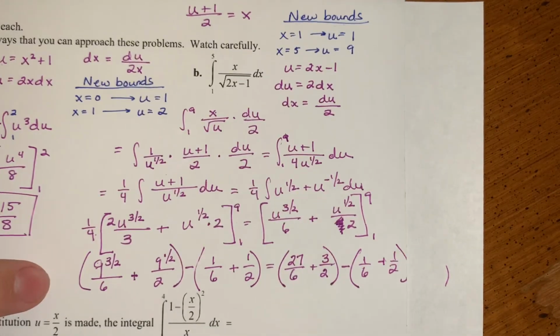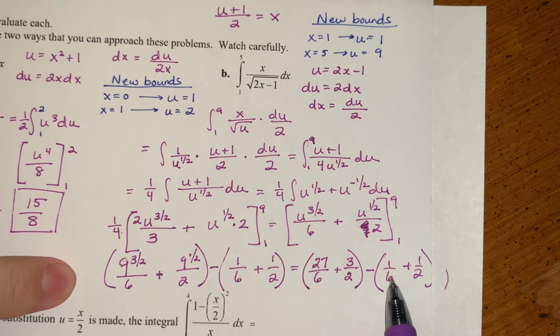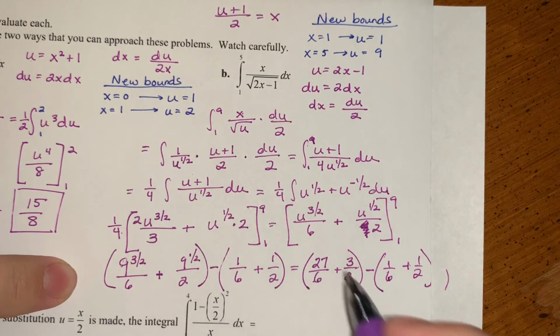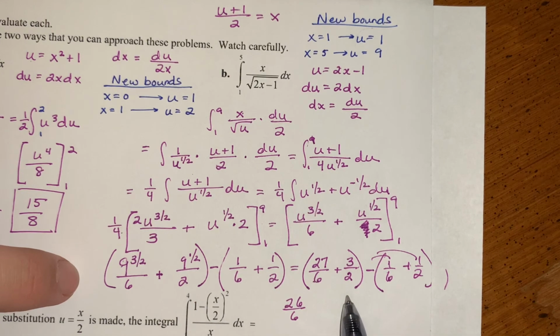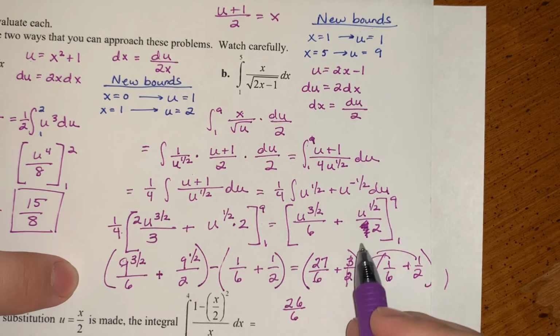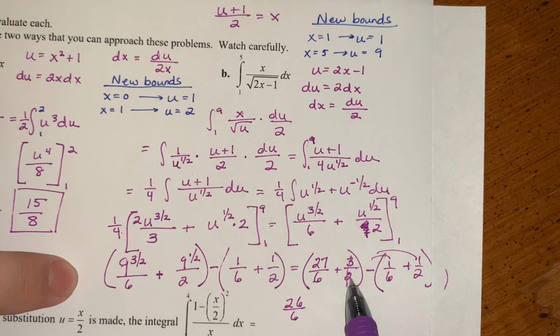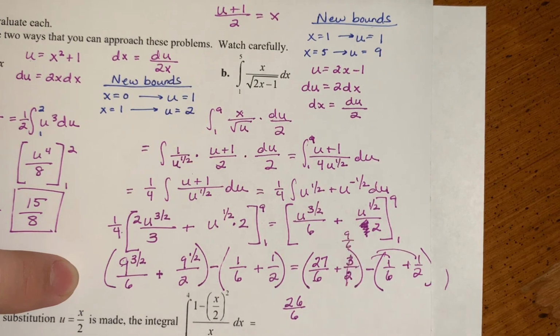Okay. So then I'm going to go ahead and combine like at least the fractions. So 27 over 6 minus 1 over 6, because if I distribute my negative to both, 27 minus 1 over 6 is like saying 26 over 6. And you know what? I'm going to make sure that these denominators are all the same. So 3/2 is the same thing as saying, if I want 6 on the bottom, multiply by 3 over 3, which is 9 over 6.